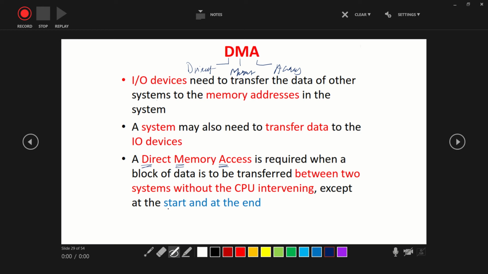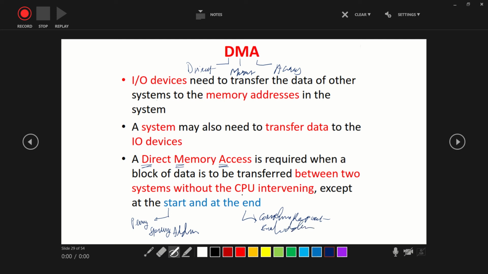At the time of starting, first you get the permission and the starting address. At the end, a completion report will be sent, and how much data was transferred, that is the end address of the data.